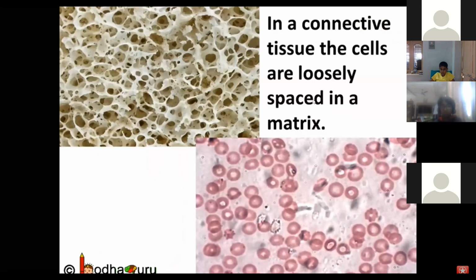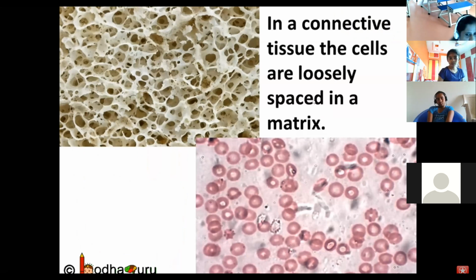You know, in a connective tissue, cells are loosely spaced and embedded in an intercellular matrix. The matrix may be jelly-like, fluid, dense, or rigid. In case of blood, that matrix is fluid and is called plasma. So, blood is a liquid or fluid, you can say.